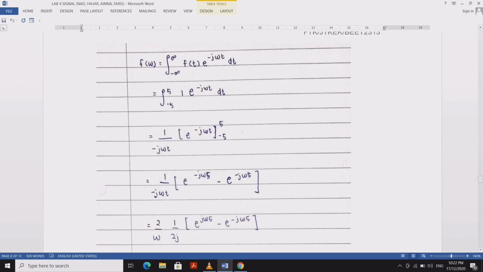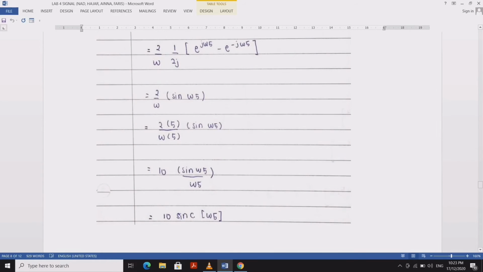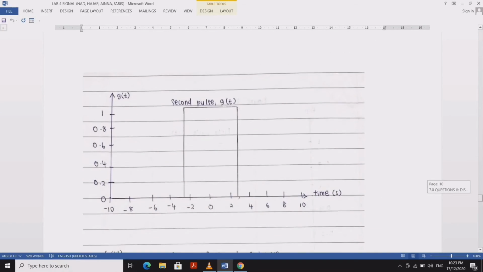We must get sinc x equal to sin x over x, so sin omega 5 over omega 5 is equal to sinc x. The result is we get 10 sinc(omega 5). This is proof that 10 is our spectrum frequency amplitude, and sinc(omega 5) is our sine wave.